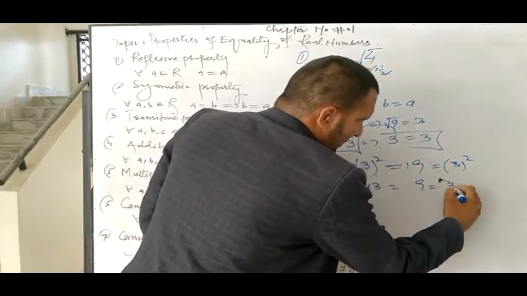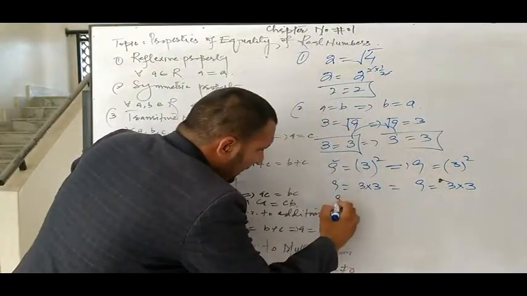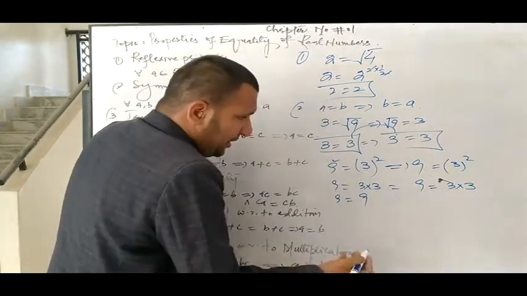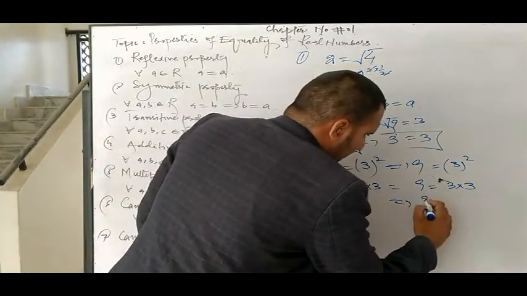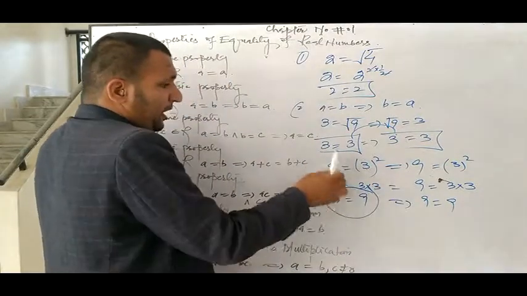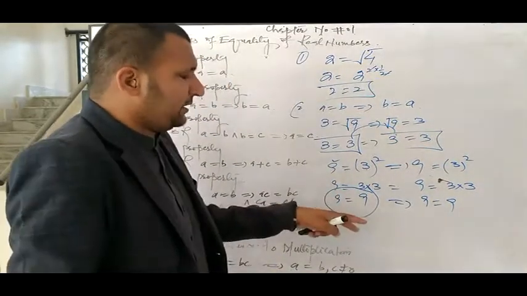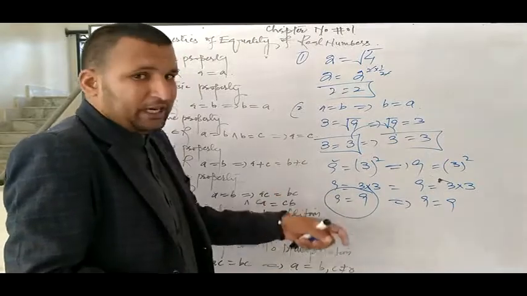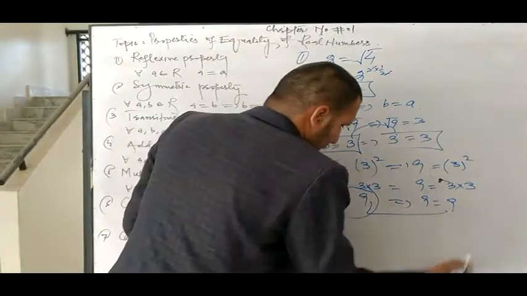So 9 is equal to 3 multiplied by 3, which is 9. If we take a value from any real number and change the left hand side and right hand side, the answer is equal.